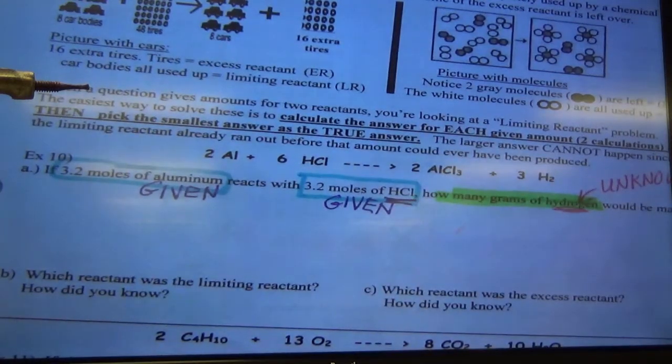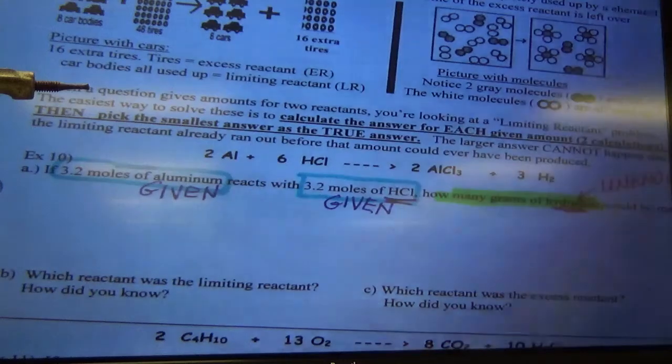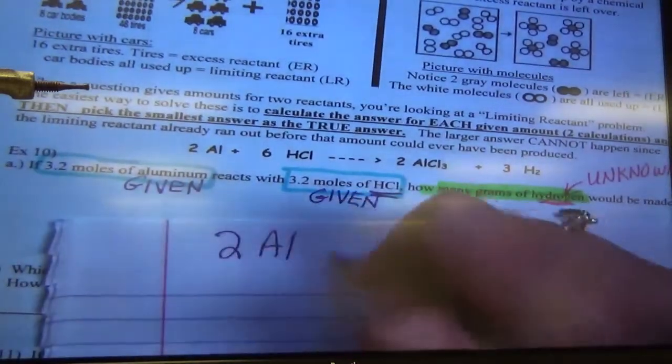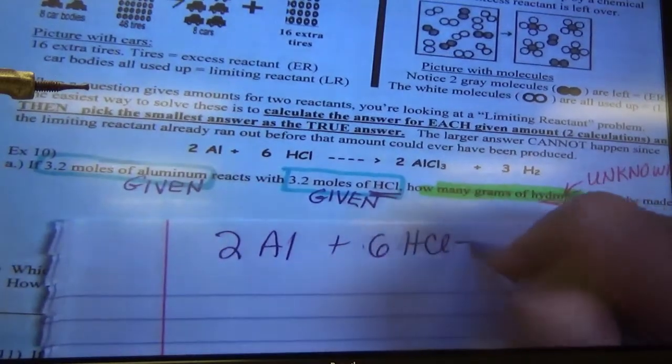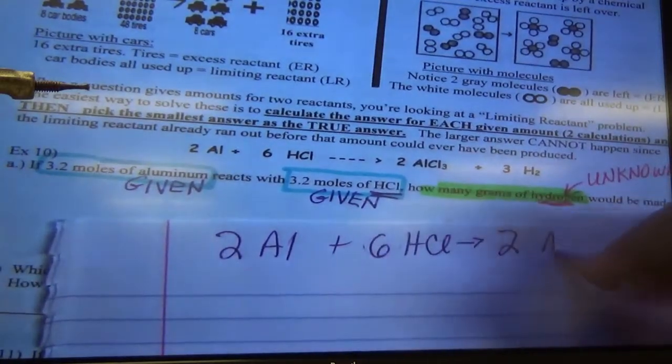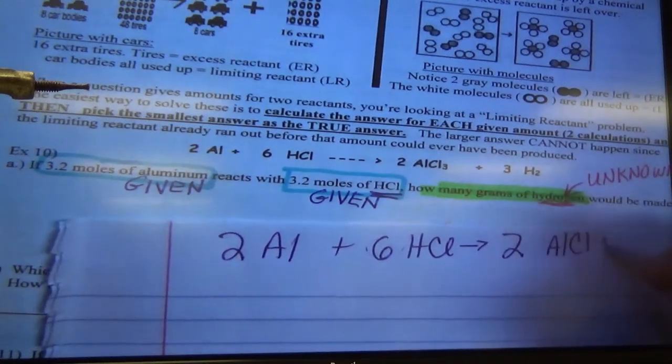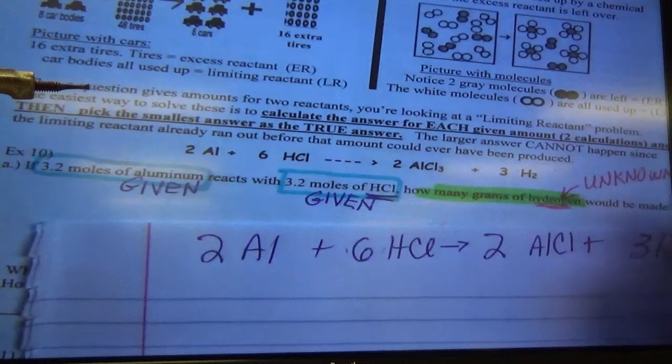To make sure mine is readable for you, I'm going to do it on separate paper. 2 aluminum react with 6 HCl to make 2 aluminum chlorides, okay, and 3 hydrogens.